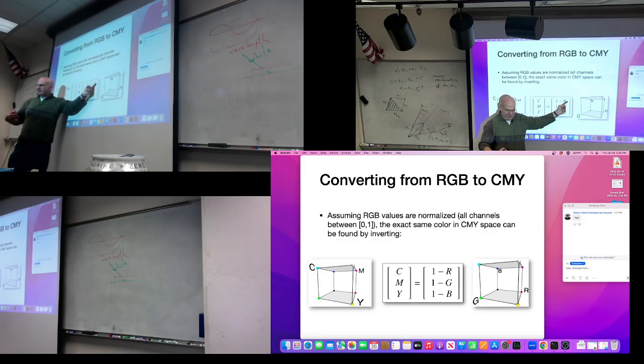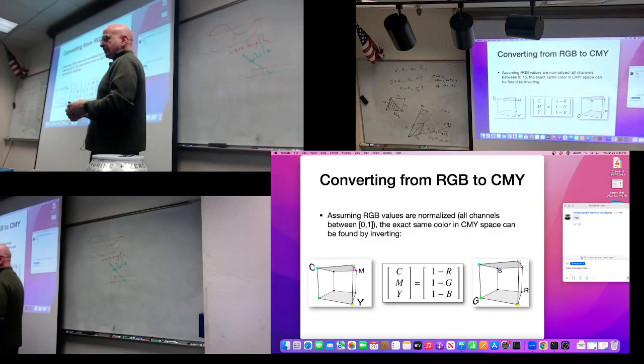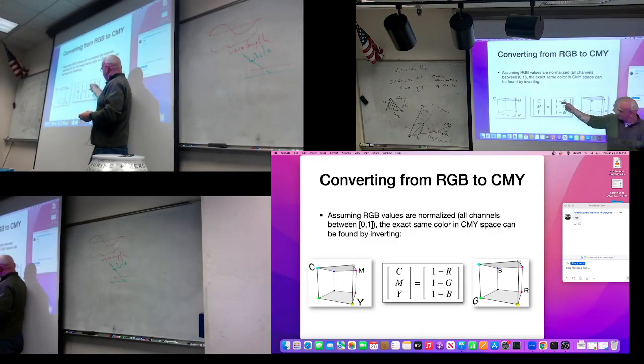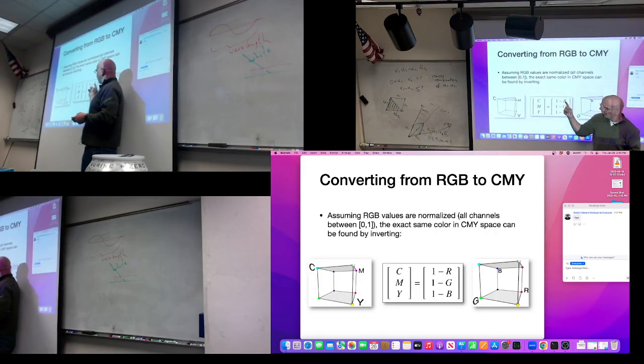That is, if you give me an image that is an RGB, and now I'm asking how to mix colors to create this filter, then the amount of cyan that I want is 1 minus the amount of red that I want, 100% minus the amount of red.